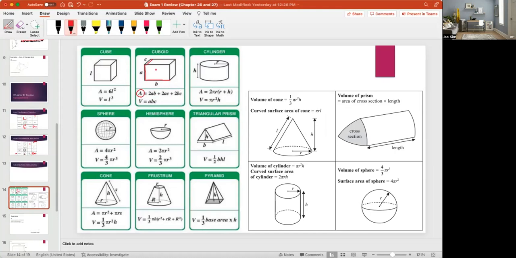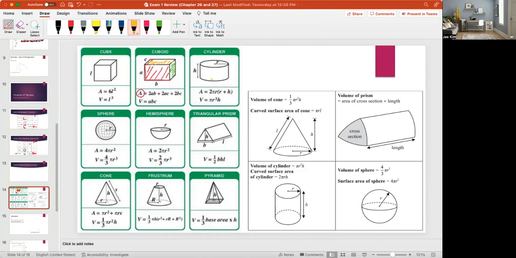It says 2AB because you have two of these, on this side and the other side. BC, AC. AC is on this side, and again you have two of those. And BC is on the top and the bottom, so you have two of those. If you add all six sides, you get the area.